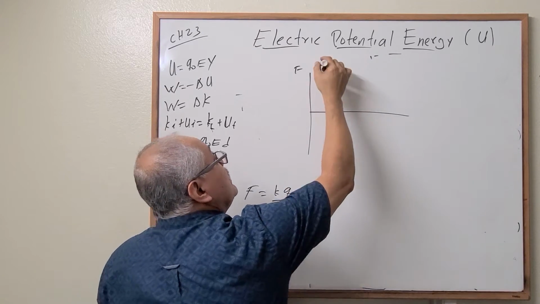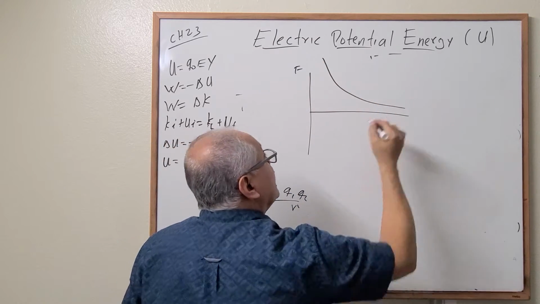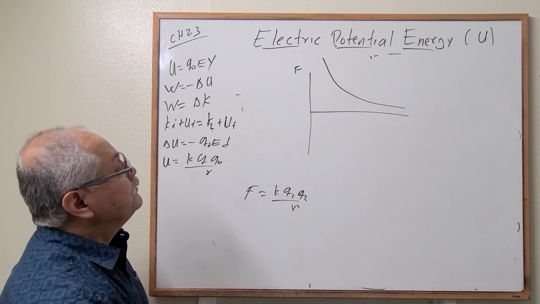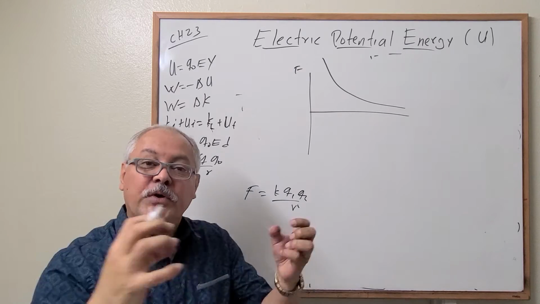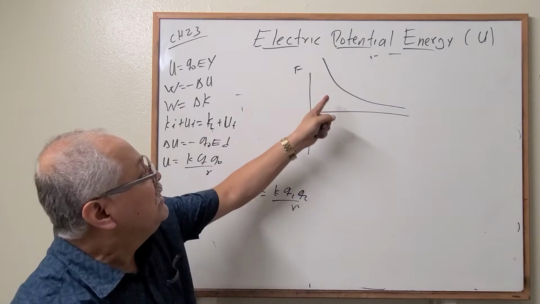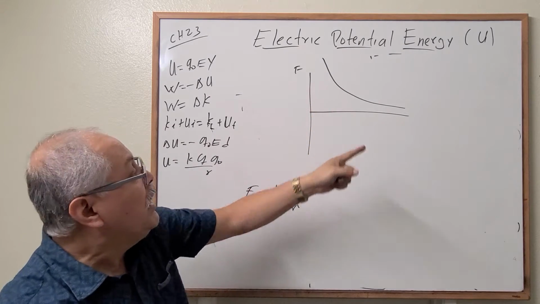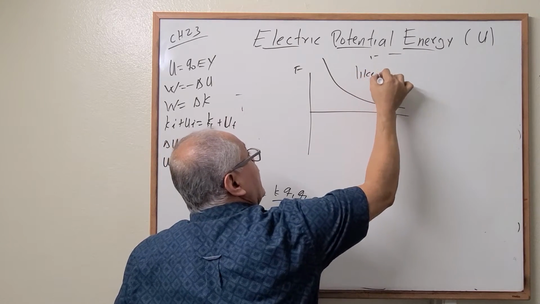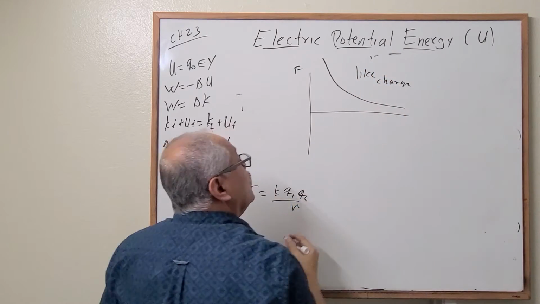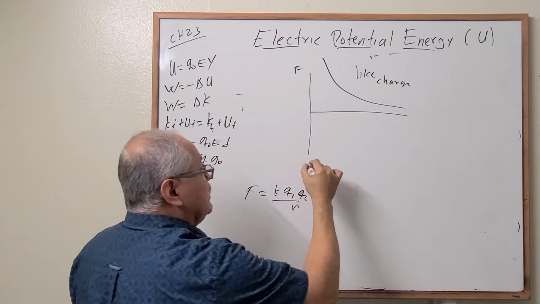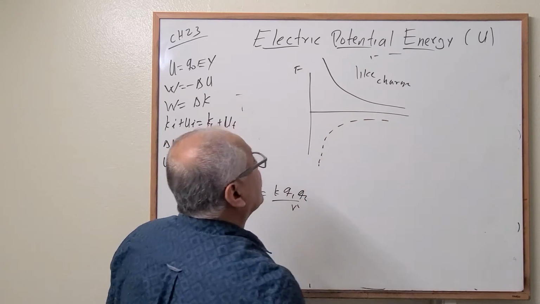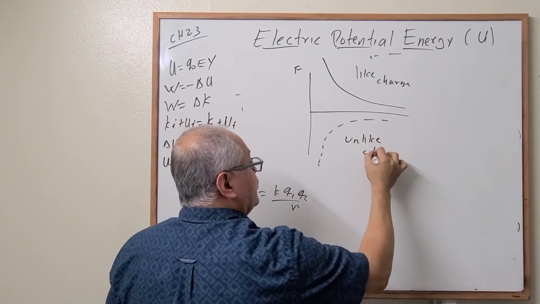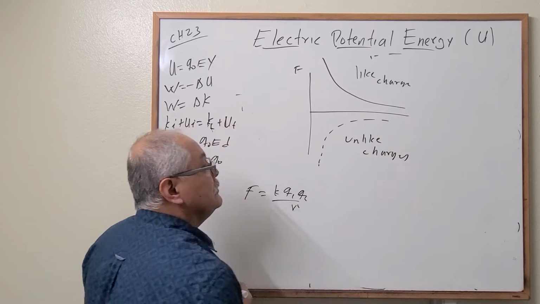So we know that this is the path for this force between two charges. If the charges are the same, we expect that curve. This is like charges. When we have unlike charges, we expect this curve. This is unlike charges.